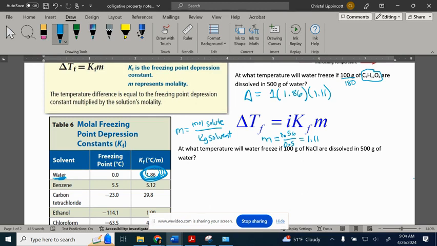So then I'm going to bring that up into my equation here, times 1.86, and I end up with a delta T. So my delta T is going to equal 2.07 degrees Celsius.